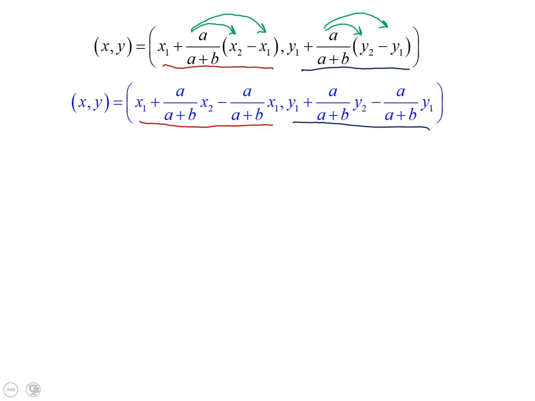Again, I want to be able to carry through these additions and subtractions, because oftentimes that's what needs to be done in order to do what we call simplifying. So I'm going to need a common denominator for the two terms that are currently not written as fractions. This one here and this one here, I'm going to get a common denominator for.